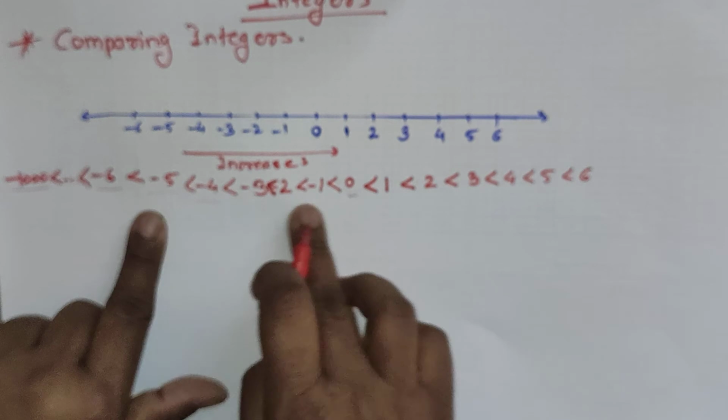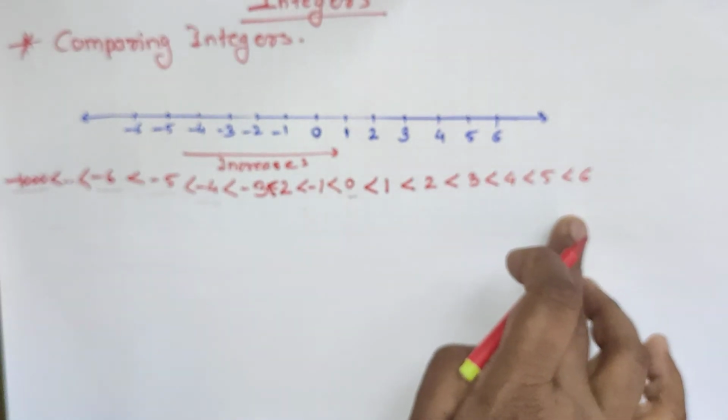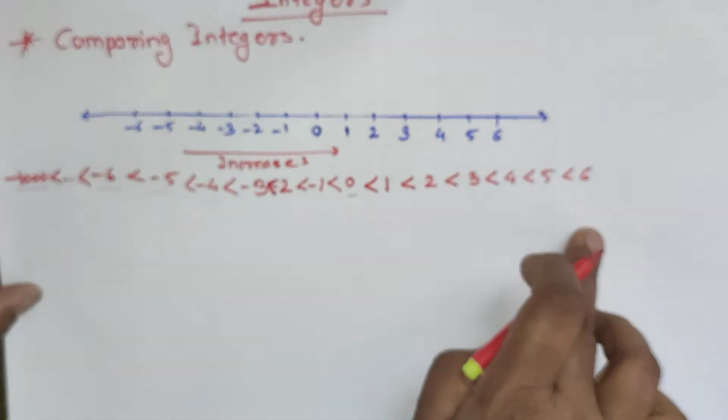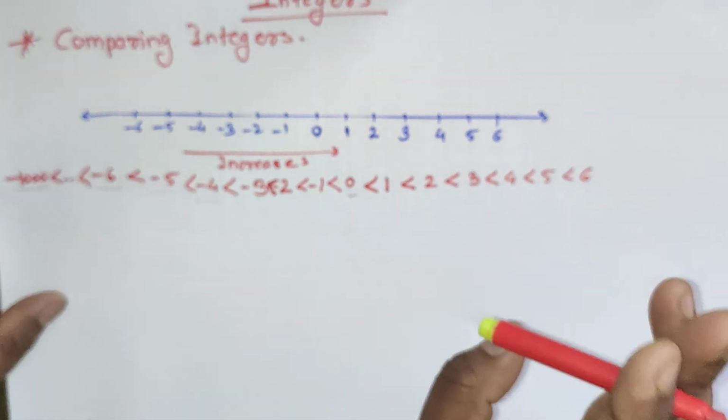When you move towards the left side of the number line, the numbers become smaller, and when you move towards the right side, the numbers become greater.